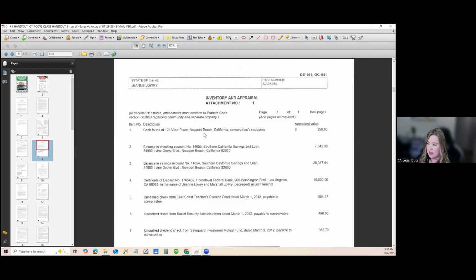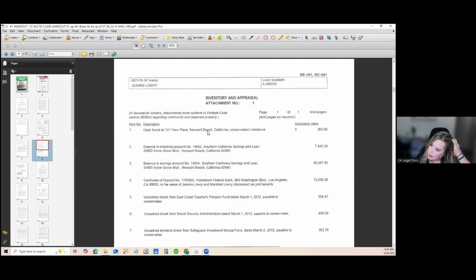I'm very particular that I would not write the conservatee's address. Remember, this is public information. And with a conservatorship, I tend to want to be a little discretionary on how much information I provide about a conservatee.